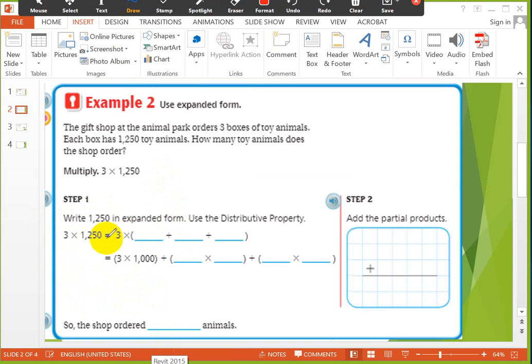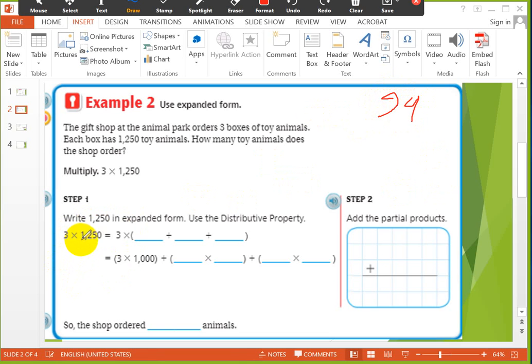Follow this example, please. Now, to find the multiplication right here, I have to write the multi-digit number in expanded form. Okay? So this is page 94. Now, how I will write the number in expanded form?